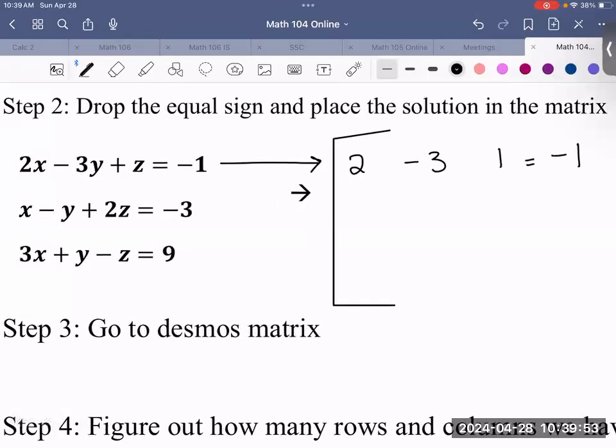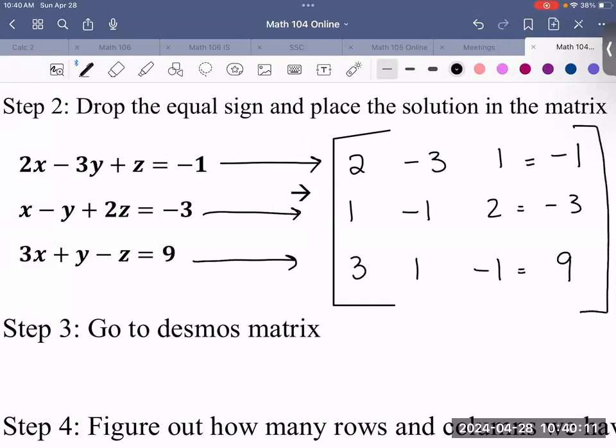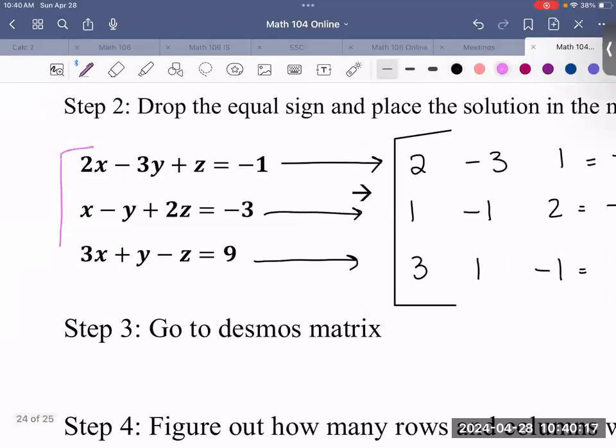Let's do it again for your next equation: 1, -1, 2, and -3. One more time: 3, 1, -1, and 9. Let's close this matrix.